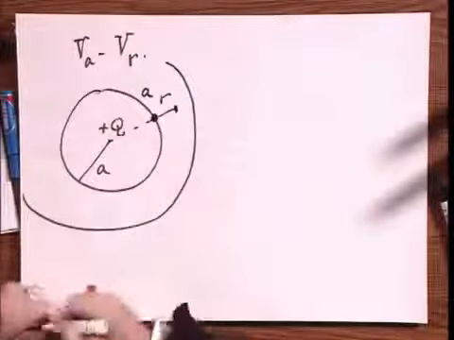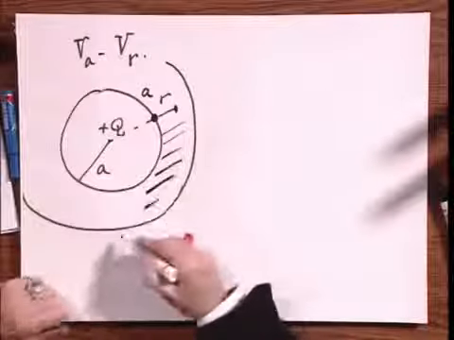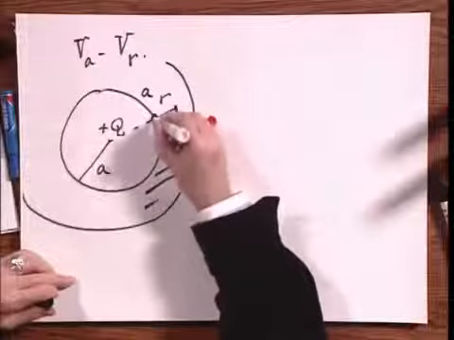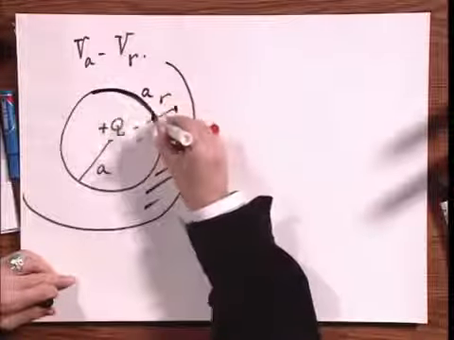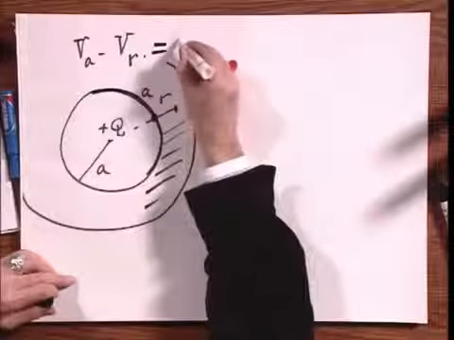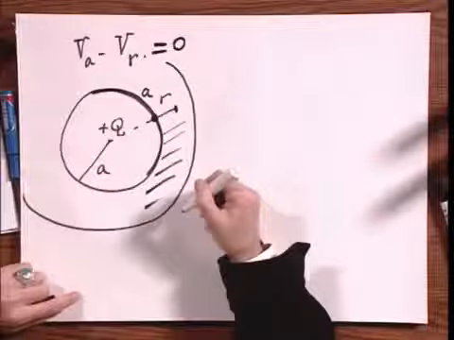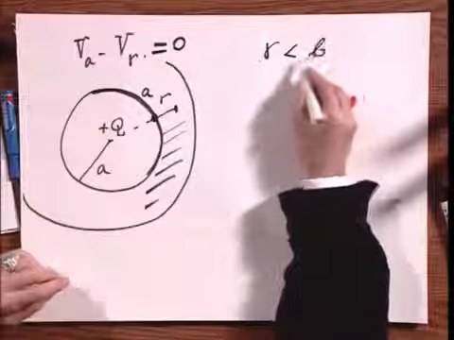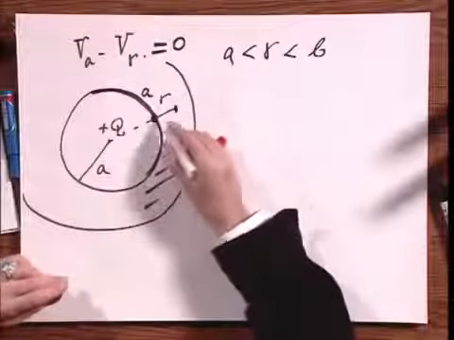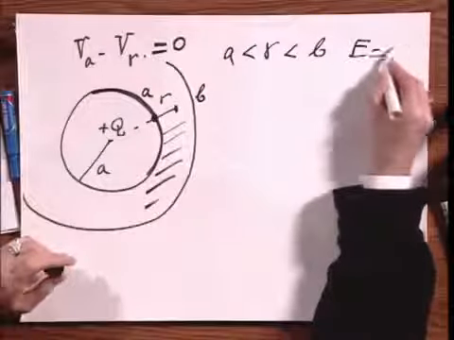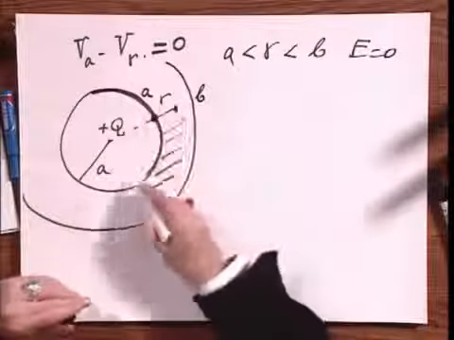Well, this is a metal, so there is no electric field. So the potential difference between the surface of the inner cavity and any point in the metal equals 0. What now is the situation when I am anywhere between A and B? Well, again, E then must be 0, because it's 0 everywhere in the metal.